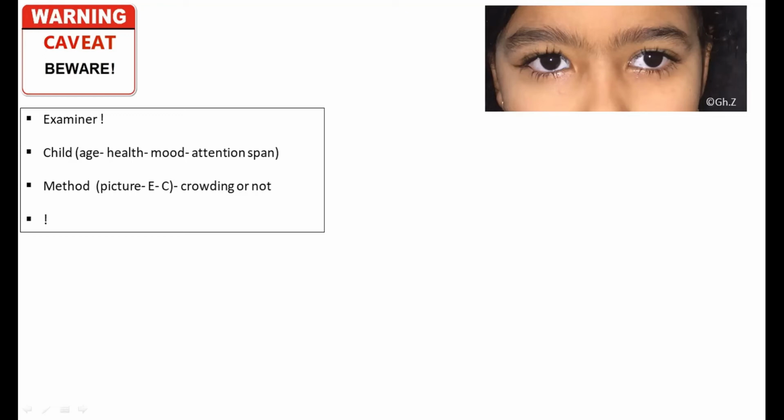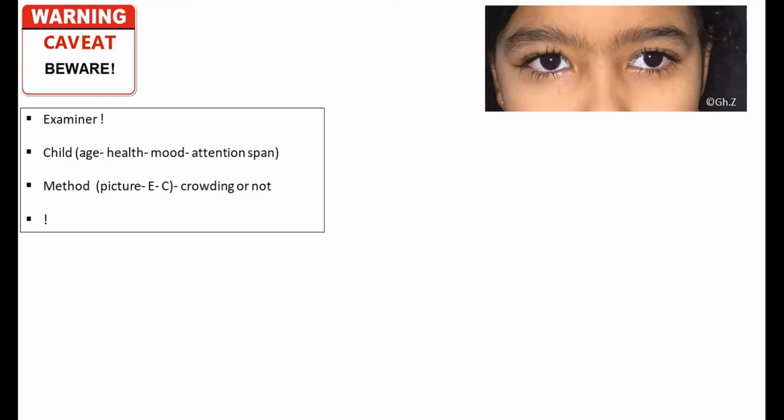Okay. Here I can see a photo of a child wherein a Hirschberg test is done. And I can see that the right eye, the corneal reflex appears to be central. And in the left eye, there is an apparent exotropia, around 15 to 30 degrees, as what I can say.